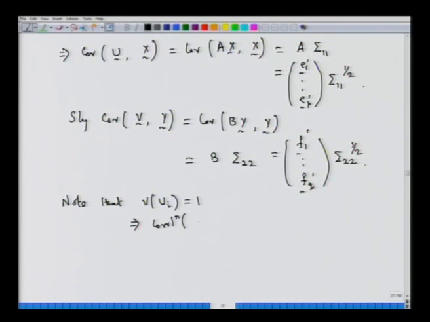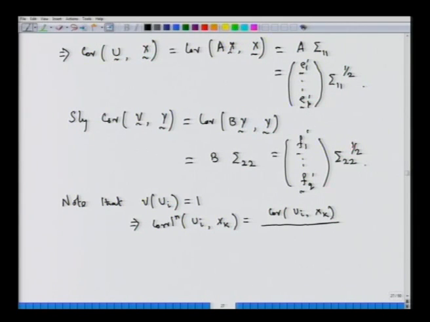the correlation between ui and say xk, the ith component of this u vector and the kth component of x vector, is going to be given by the covariance between ui and xk, which is going to be the ikth element of this particular matrix, because this is the covariance matrix of u and x, and what we are talking about is between the ith component of u and the kth component of x.